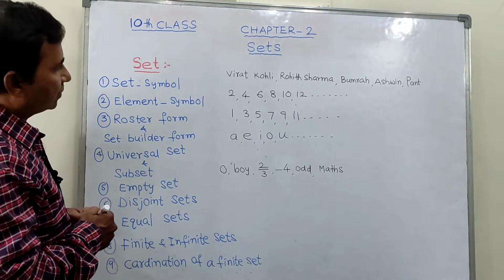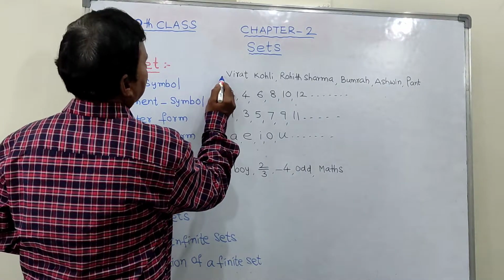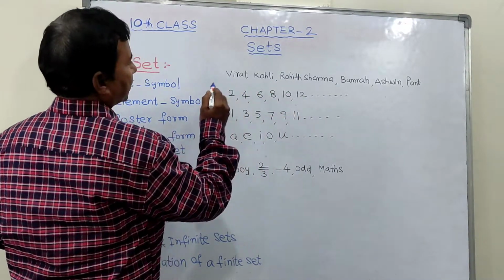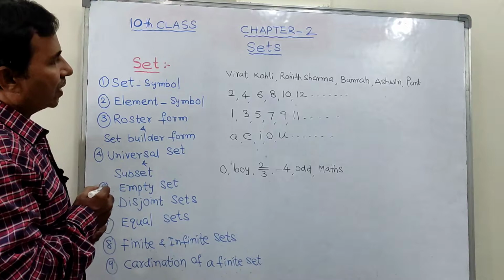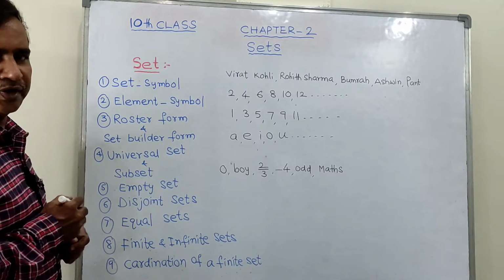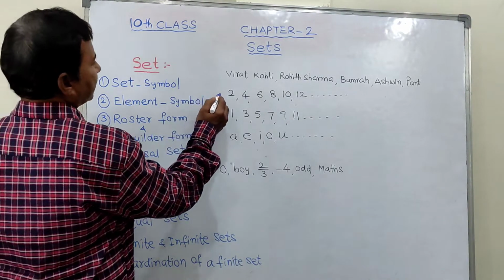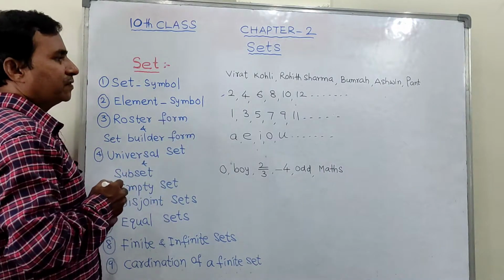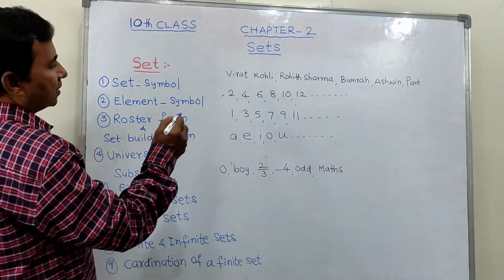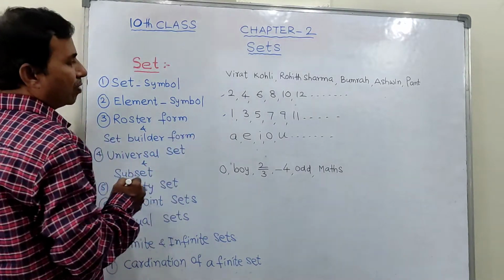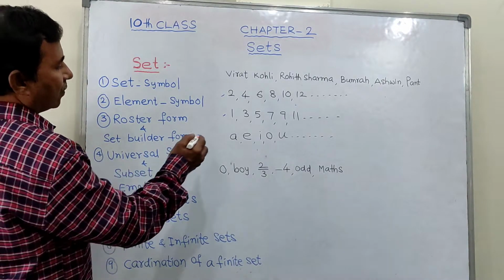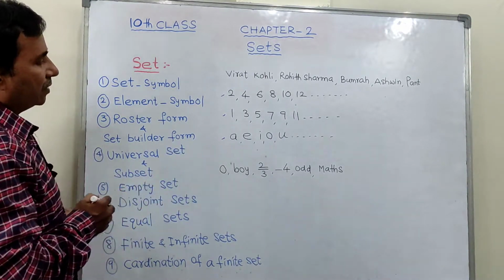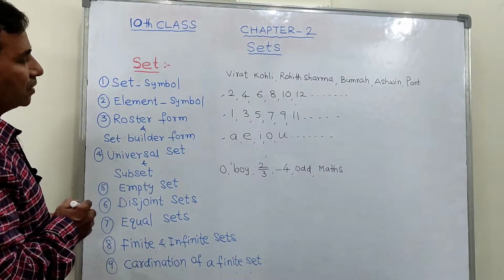If you observe, in the first one all are cricketers. If you check each name, everyone is an Indian cricketer. In the second set, every number is an even number. In the third set, every number is an odd number. In the fourth set, every letter is a vowel in the English alphabet.